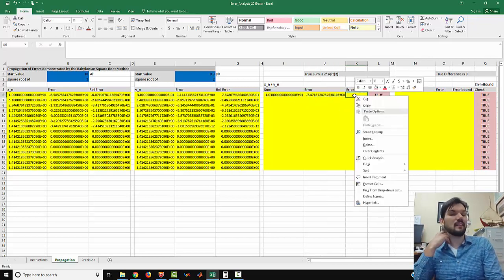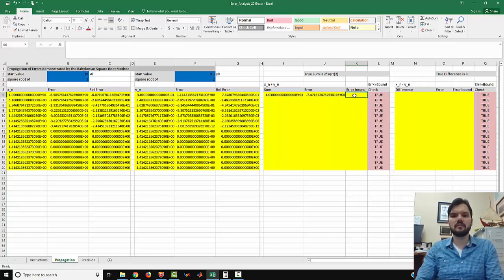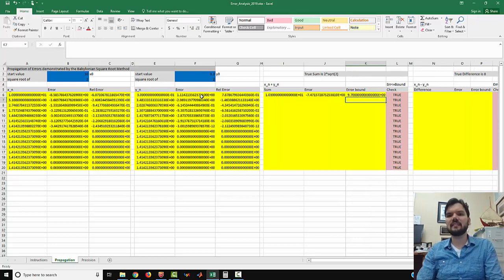And what is the error bound? Well, the theorem for the propagation of error, the bound on the propagation of error for summation is simply the sum of the two errors in absolute value. So equals absolute value of first error plus absolute value of second error.